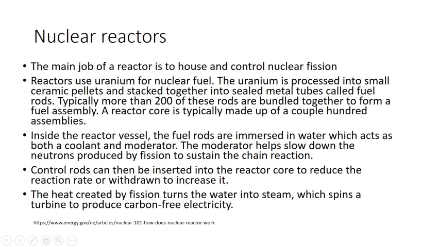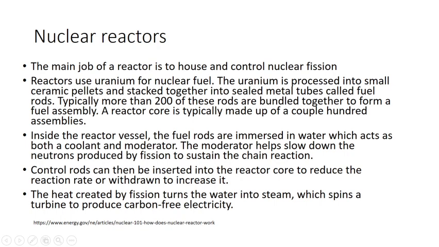Right? Most reactors use uranium. It's processed into small pellets, and they're stacked together in metal tubes that they call rods. And a reactor core is typically made up of a couple hundred assemblies that are made of many rods. And so in these reactors, the fuel rods are placed in water, right?